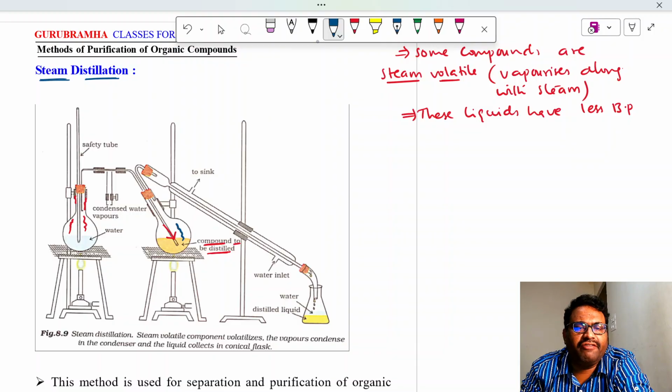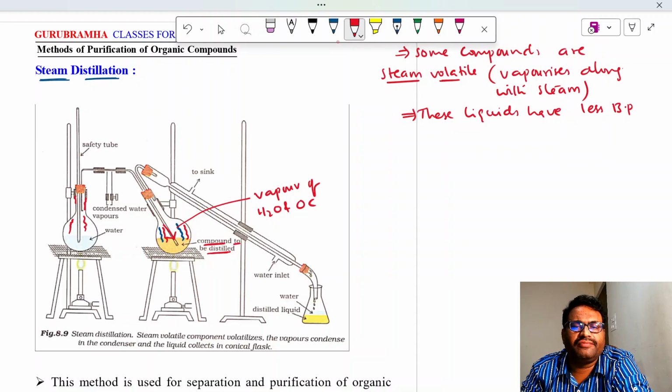Now you will find vapors here. Whose vapors are these? You will find vapors of water and vapors of the organic compound.